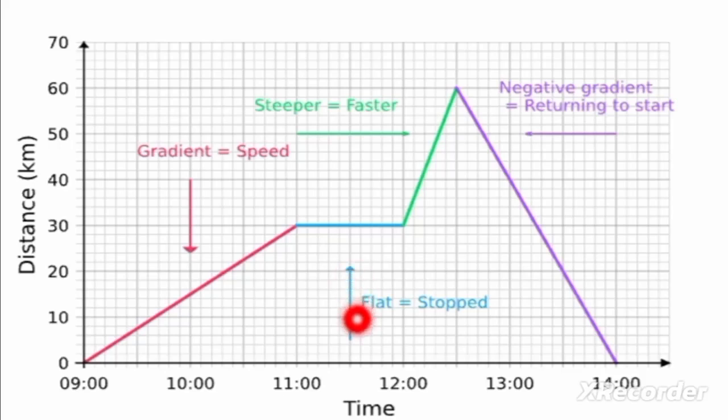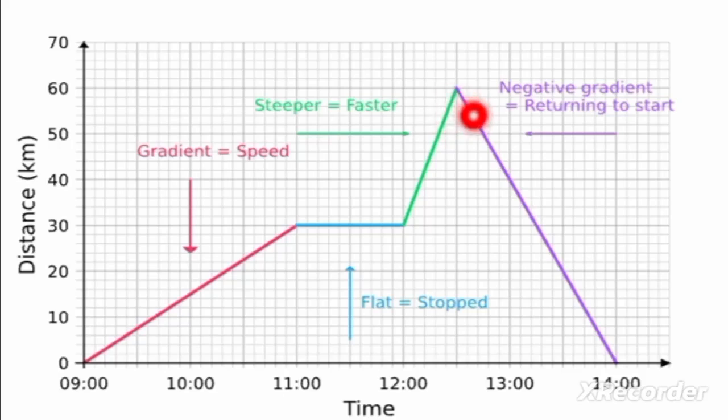The flat line represents station or stopped. Then the steeper line, or the slope, represents faster speed.